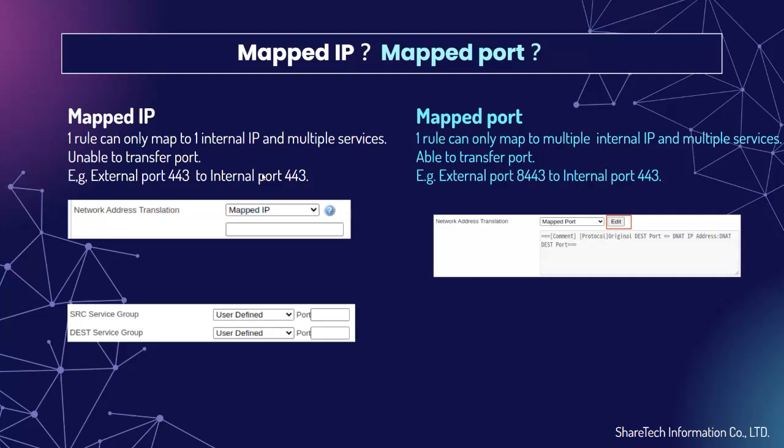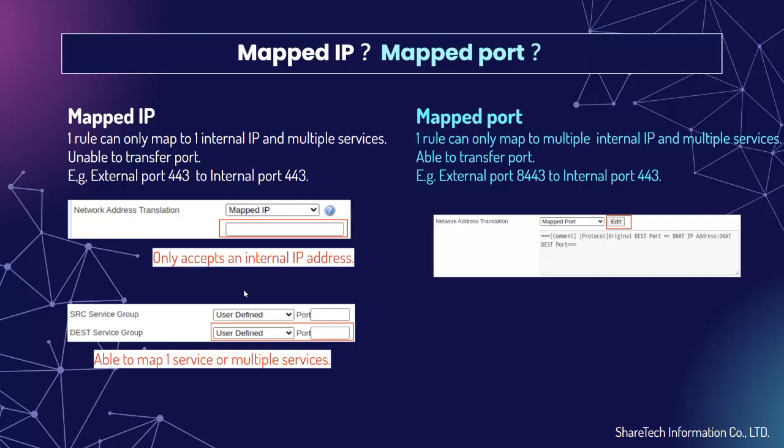To see the mapped IP, one rule only accepts one internal IP address, and the service to be mapped should be on the same port, which means external port 443 to internal port 443.